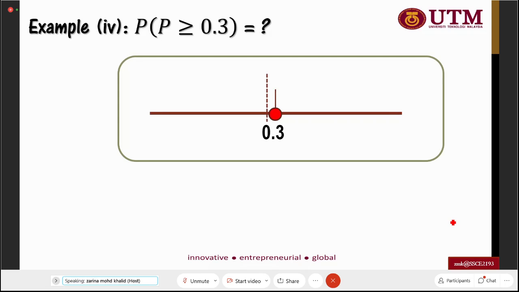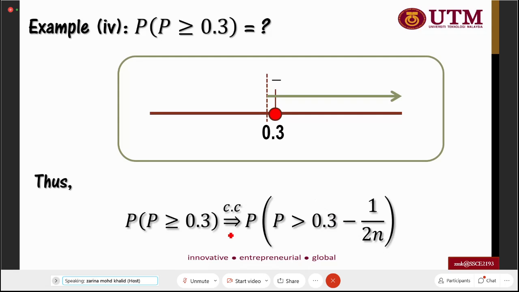We want the area above a value slightly lower than 0.3. So in that case, we minus. When we CC, we have to minus. You can see here, greater than or equal to becomes greater than, and 0.3 becomes 0.3 minus 1 over 2n. You start off earlier, so that 0.3 will be included in the interval.